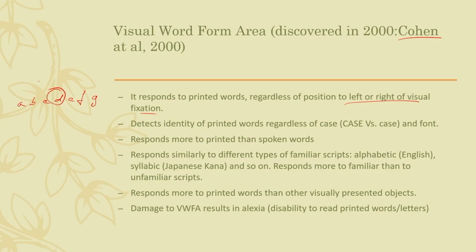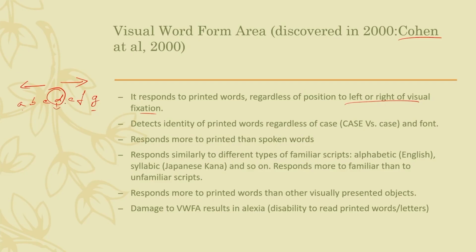These are parafoveal, the peripheral area where the eyes also see. So, when I am seeing D, I can also simultaneously see A and G. These are regions of parafoveal visual areas, and this is the foveal. So, this is the visual fixation area.